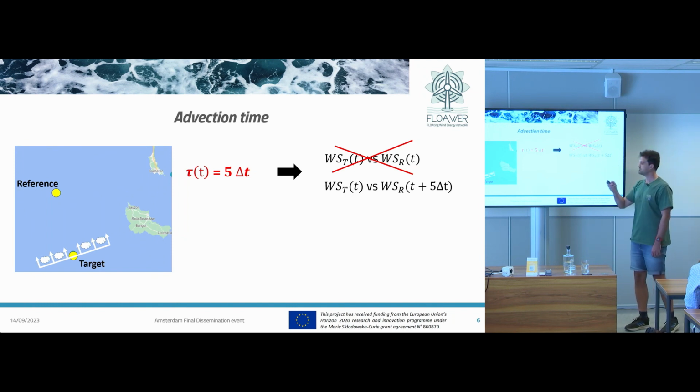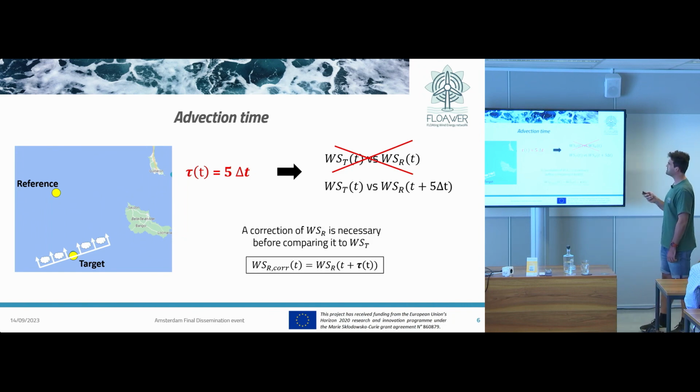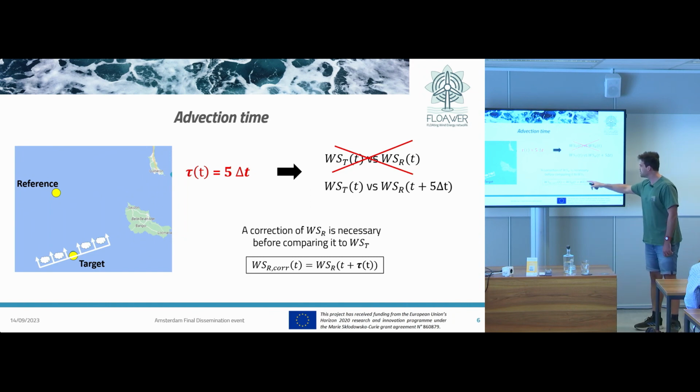So the idea is that a correction of the wind speed at the reference is necessary before comparing it to the wind speed at the target. And the whole point of this presentation is to find this lag for each time.